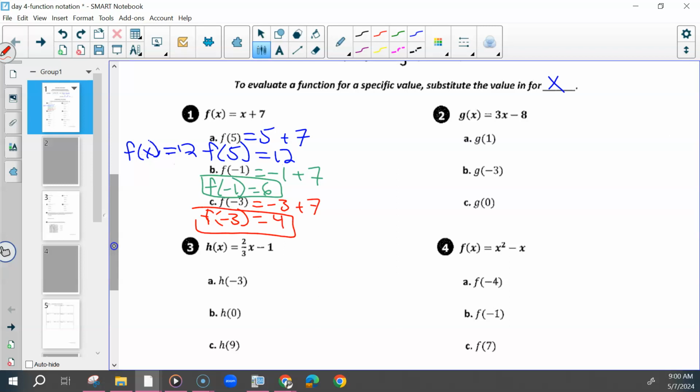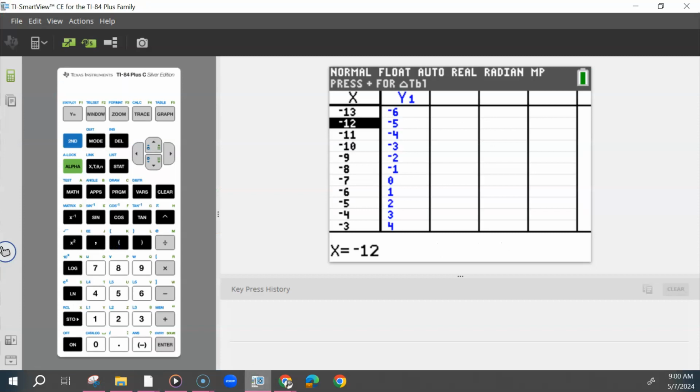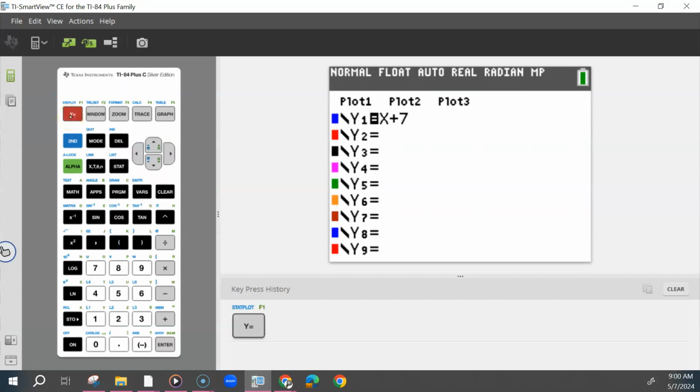So with all of these problems, you can do it by hand. Some of them are simple enough that you could do that. Some of them get a little bit more complex. You could still do them by hand. You could also do it in a calculator or in Desmos. I'll show that. In the calculator, in y equals, I'm going to type in x plus 7.